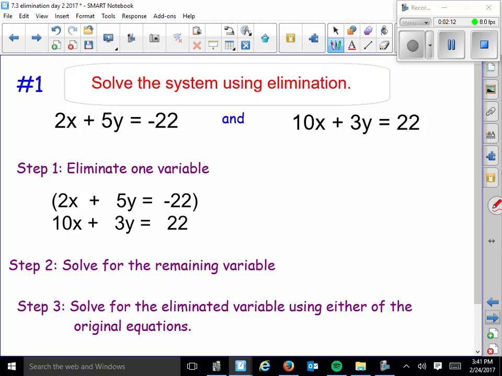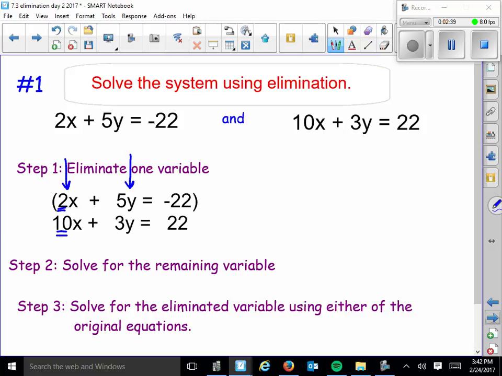Okay, so our first example today is the system 2x plus 5y equals -22, and 10x plus 3y equals 22. What I need to do is determine whether I need to eliminate either the x's or the y's, and I am going to first compare the coefficients of the x's.